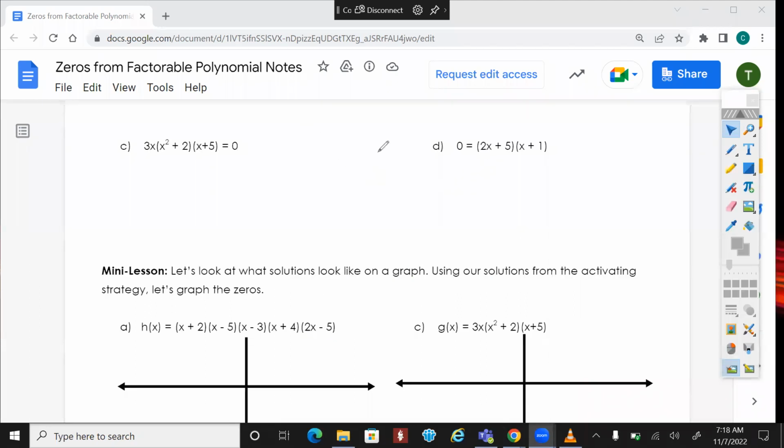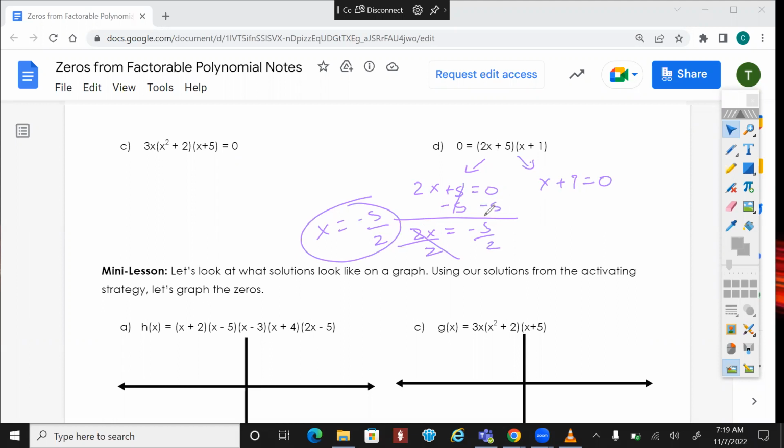All right, so on D, we're going to take each of these, set them equal to 0. And when we solve, we're going to subtract 5 and then divide by 2. So we're going to get x equals -5/2.